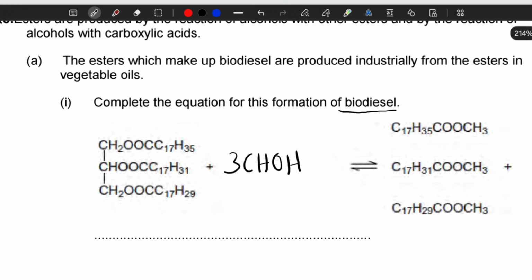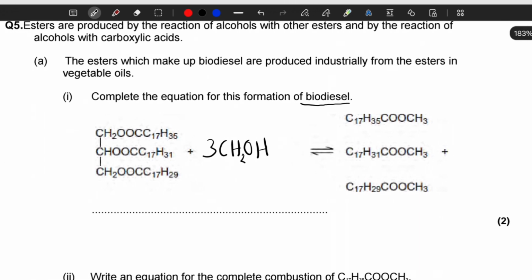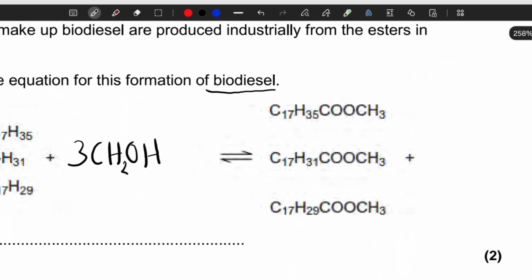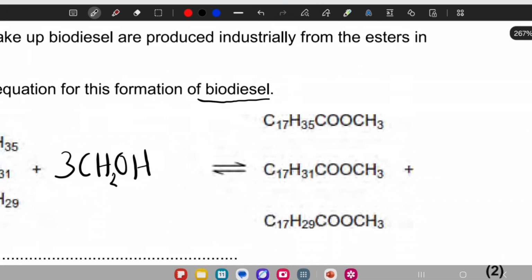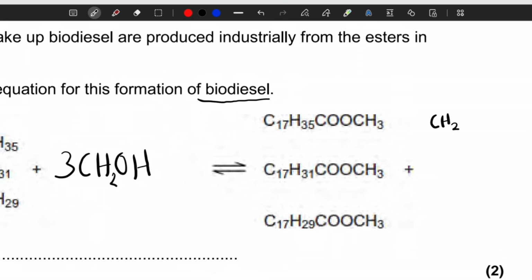Hold on, I forgot the 2. Oopsies. Okay, so 3 methanols, and it'll just be glycerol, CHOH. There we go.